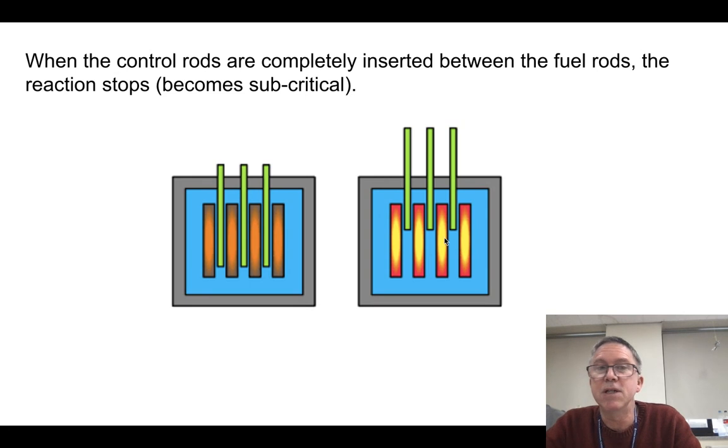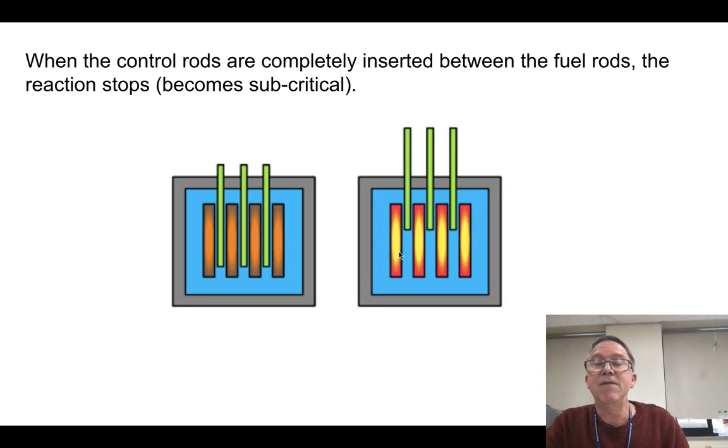They control this, and the idea is when for every atom that splits, one more atom gets split, so I have a 1-to-1 ratio of atoms being split and then making more atoms split, I call that a critical mass. If I have less than that, the reaction quickly stops. I call it being subcritical.